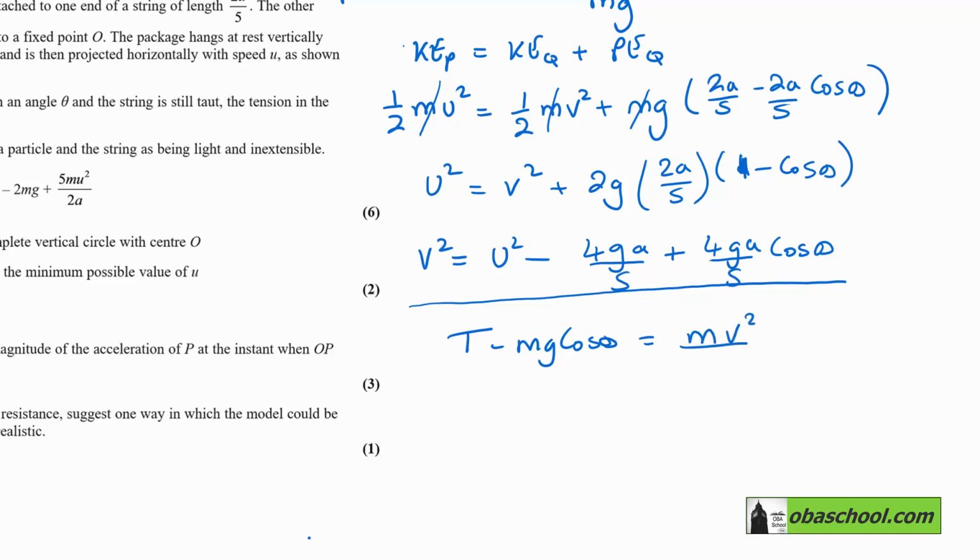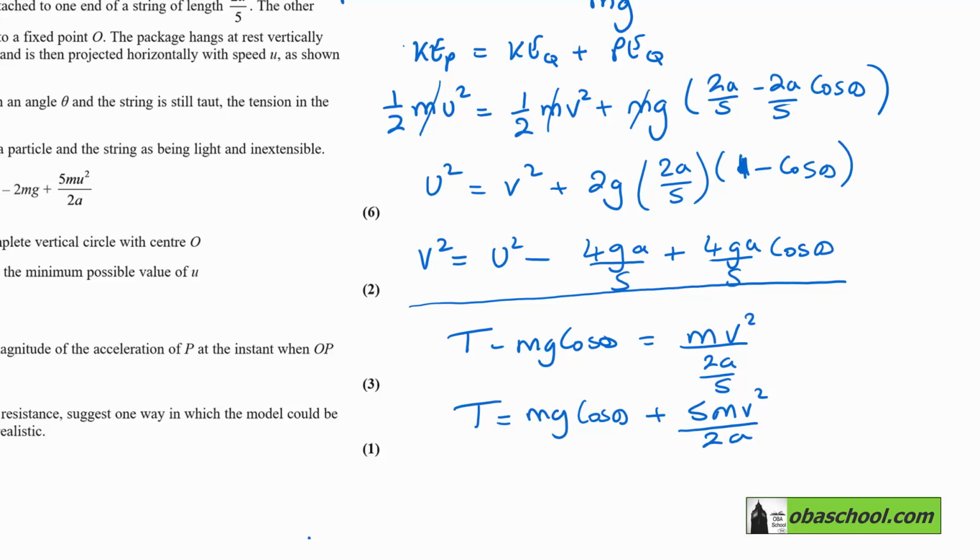But in this case, we know the r is 2a on 5. So T is going to be equal to mg cos theta plus 5mv squared on 2a.